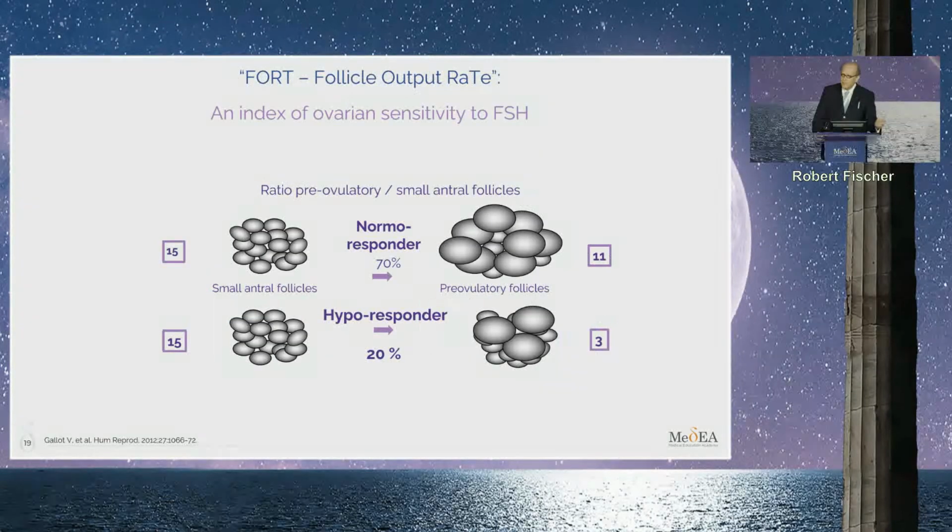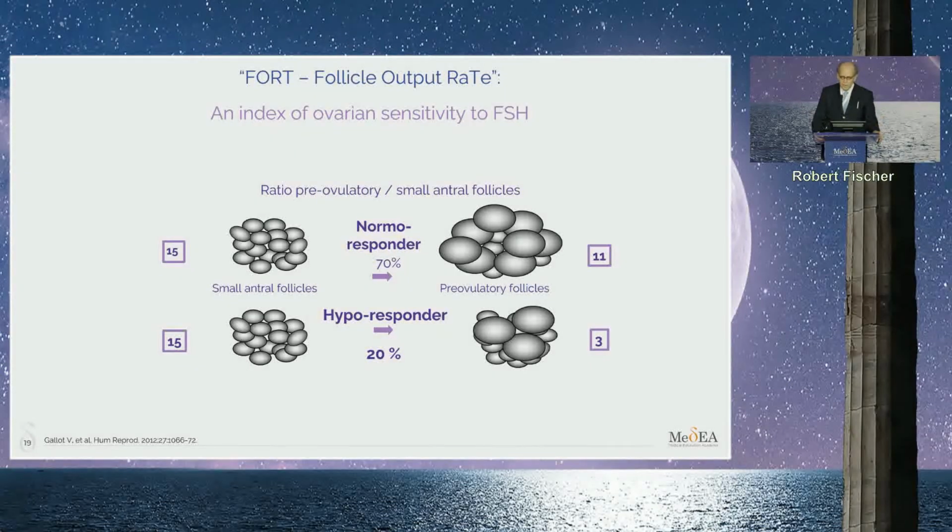And then we have to look at another aspect, like Carlo mentioned before, looking at the sensitivity of the follicles to normal stimulation with FSH. And as he mentioned before, we can use 2 different indicators nowadays.